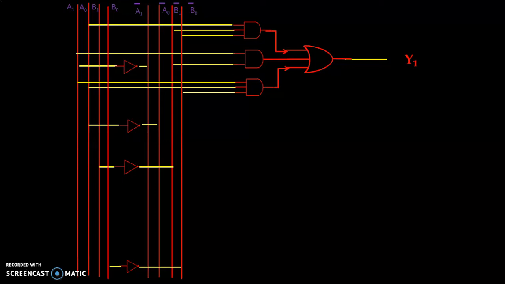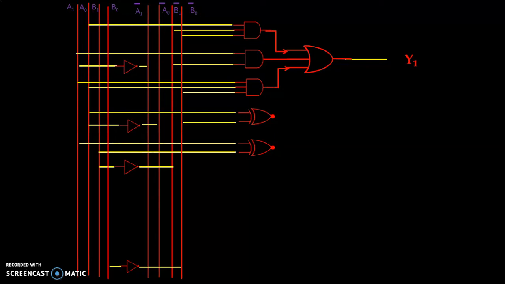In the same way, to prepare a circuit for y2, we require 2 exclusive NOR gates. We give input connections as per the Boolean function. At the end stage, we require 1 AND gate. Output of exclusive NOR gates we give as input to the AND gate, and output of AND gate gives us output y2, and that is a is equal to b.